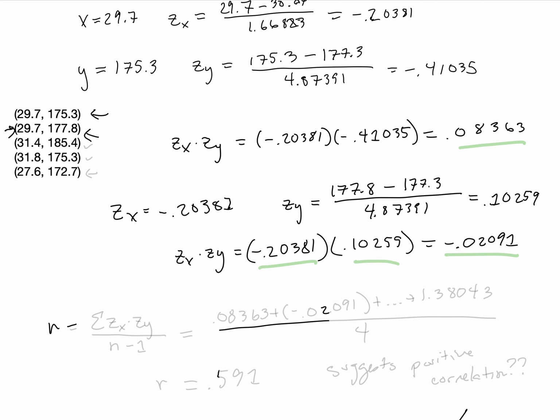And so then R is equal to the sum of, for each ordered pair, the z-score for x times the z-score for y divided by the sample size minus 1. It's also the number of degrees of freedom.